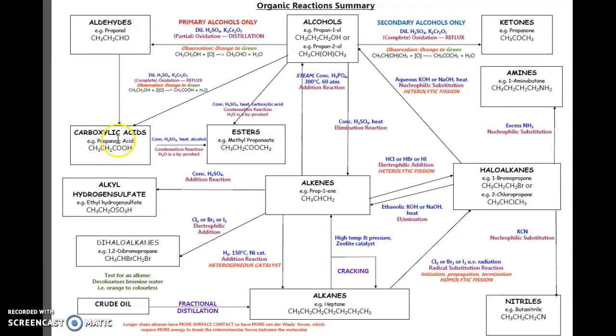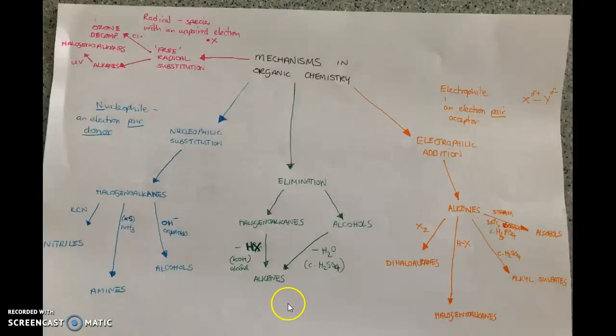Okay, so now for the rest of this video we're going to concentrate on the reaction mechanisms themselves. So we don't need to know the reaction mechanisms of alcohols being oxidized into ketones or aldehydes and carboxylic acids, nor do we need to know about them being converted into esters. But what we do need to know are all these reactions here.